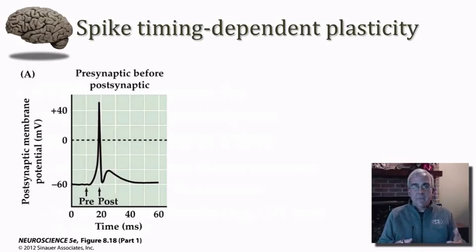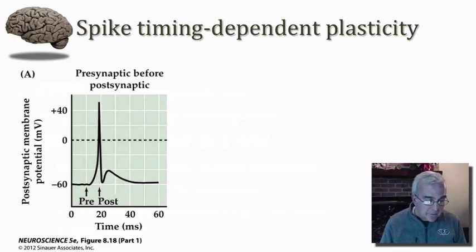Now, if this is a mature, strong synapse, you might anticipate that activity in the presynaptic terminal will lead to the generation of an action potential in the postsynaptic cell. And indeed, it's possible to find such synapses for which that behavior is observed. And that's what we find in this illustration here in figure 8.18 from your textbook.